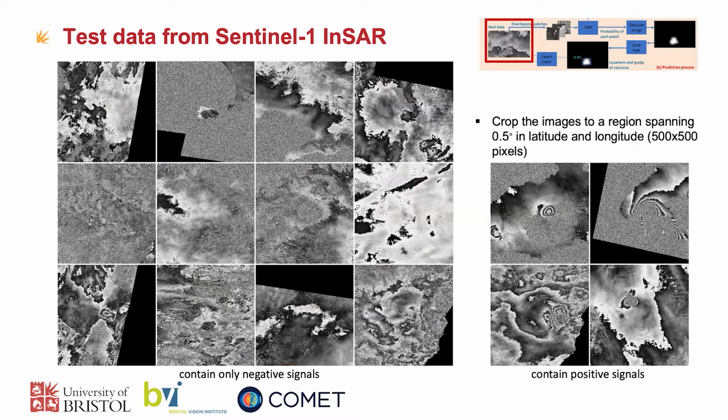So that's why we actually use grayscale images normalized from 0 to 1. These have been cropped around the volcano with a resolution of about 0.5 in latitude and longitude, and each patch has 500 by 500 pixels.